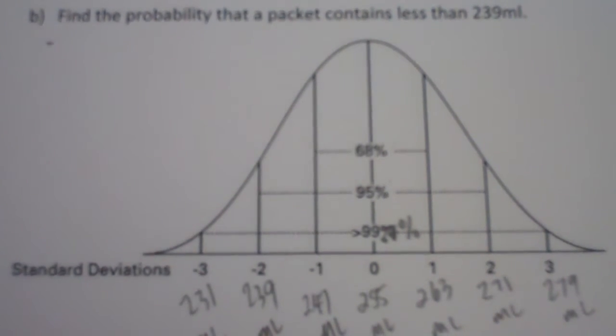Find the probability that a packet contains less than 239 milliliters. So we know some of the breakdown of our normal distribution and what area underneath the curve represents by our percents here. The first way to do this is by looking at the 239 and locating it on the graph.